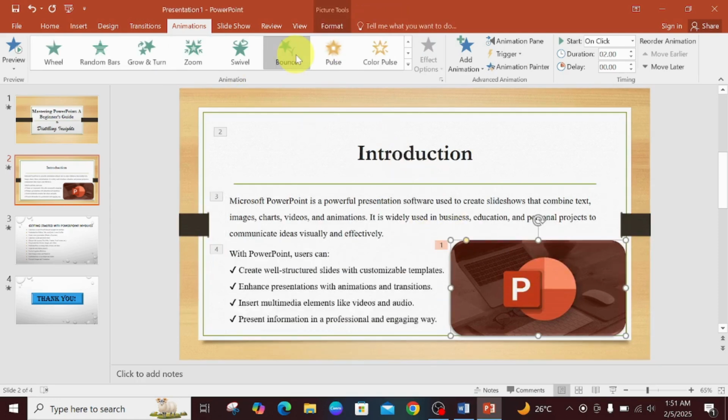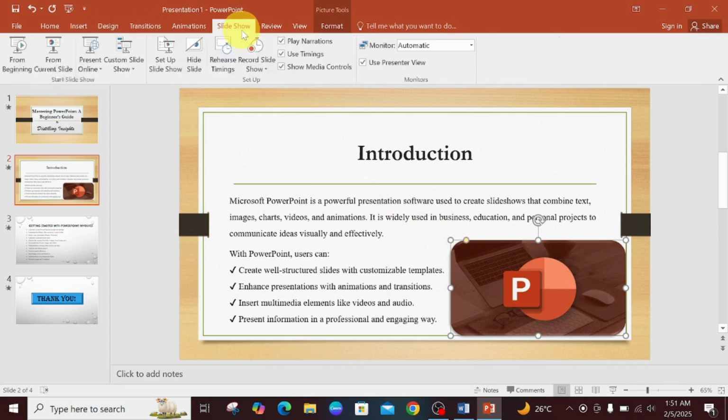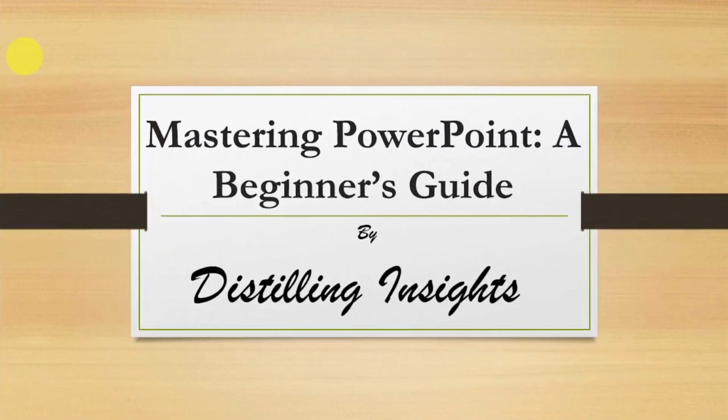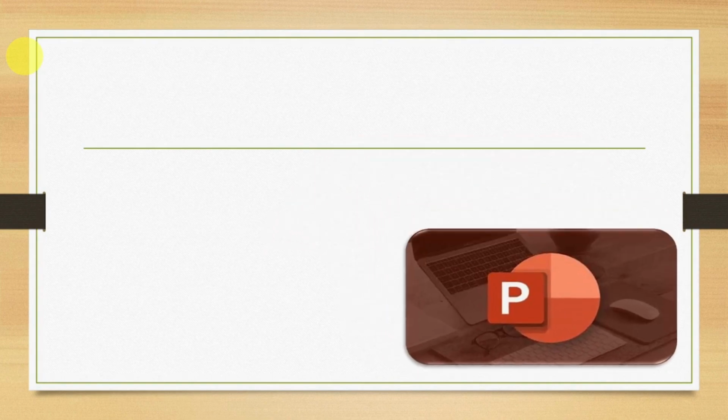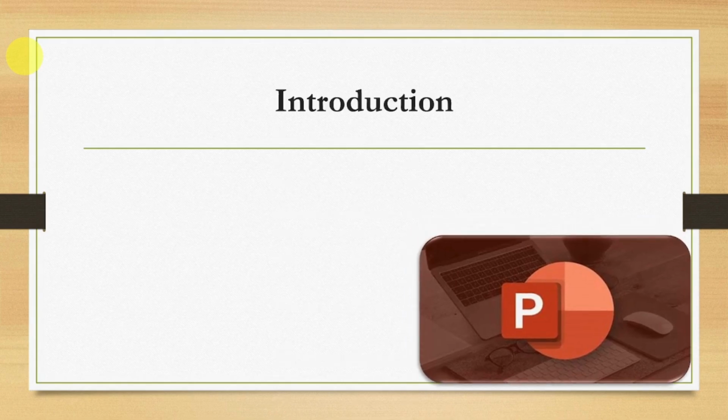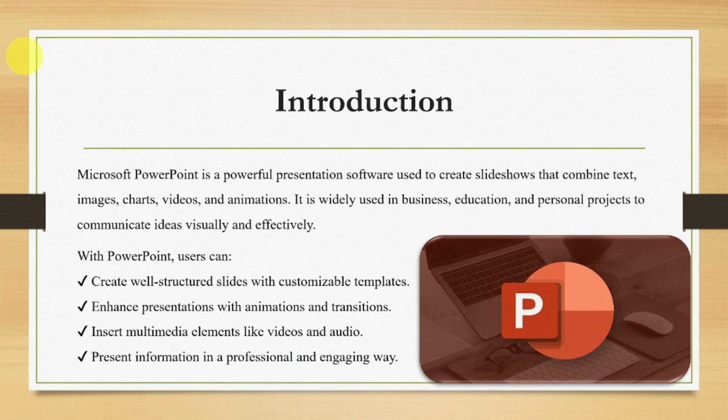So now please note, this is showing 1, meaning anytime I start this slide, the first thing that will show on that second slide, once I press the next cursor, will be the image because it is 1. The next thing is the introduction, this and this.